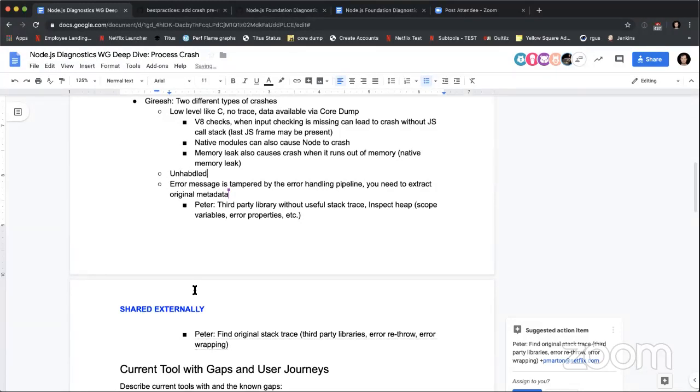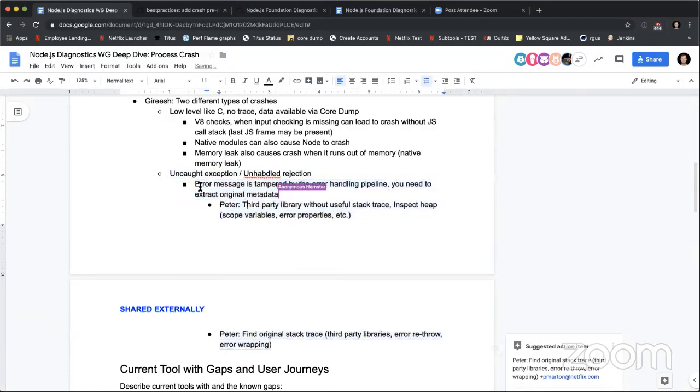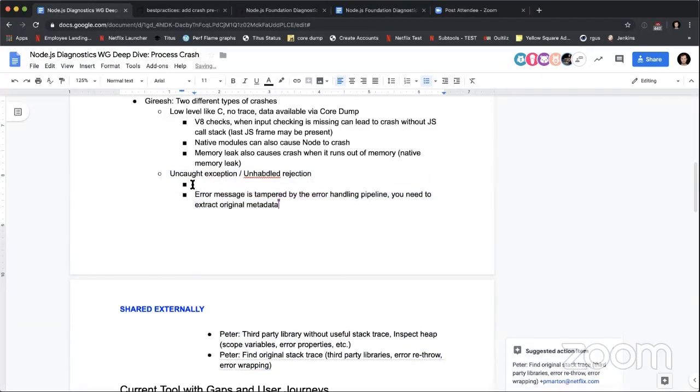So we have unhandled rejection, uncaught exception, and one category is the problematic one, and another is when the stack trace and error message have sufficient information to really know what's happened.